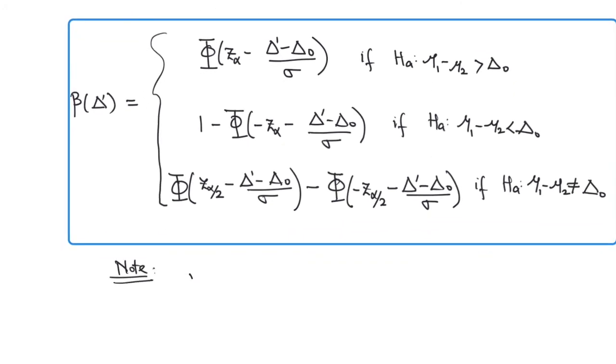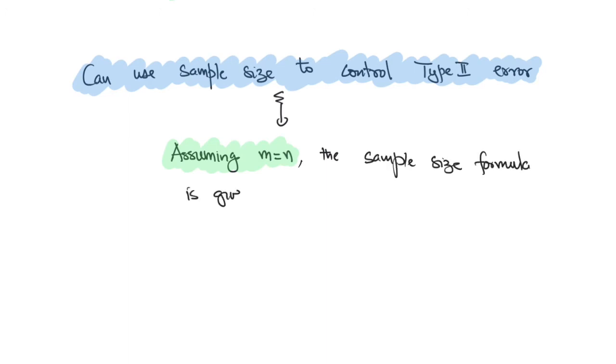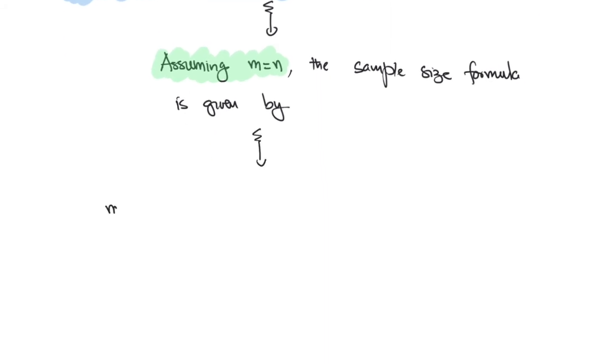Now, we can use the sample size to control the probability of the type 2 error, keeping all other parameters of the test fixed. Assuming that we have samples of equal size, that is, sample x and sample y are of the same size, we can calculate a formula for the sample size for each of the three possible alternative hypotheses.